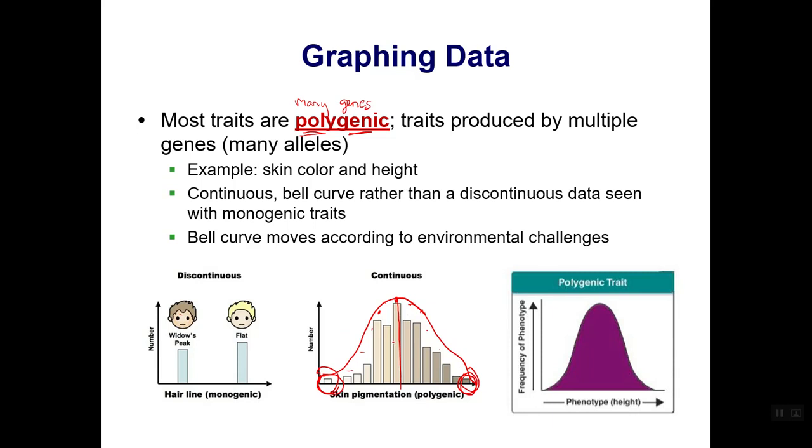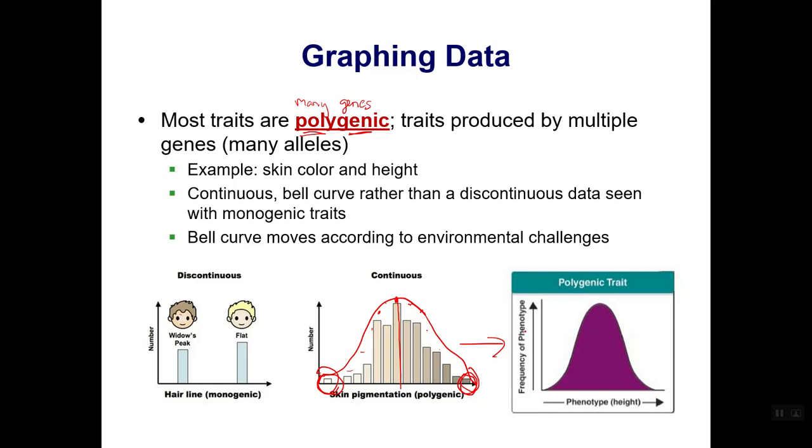Okay, so this is called a histogram, if I'm not mistaken. But once you create the bell curve from it, it'll look something like this. So this shows you the frequency of the phenotype, and this shows you the phenotype on the x-axis.